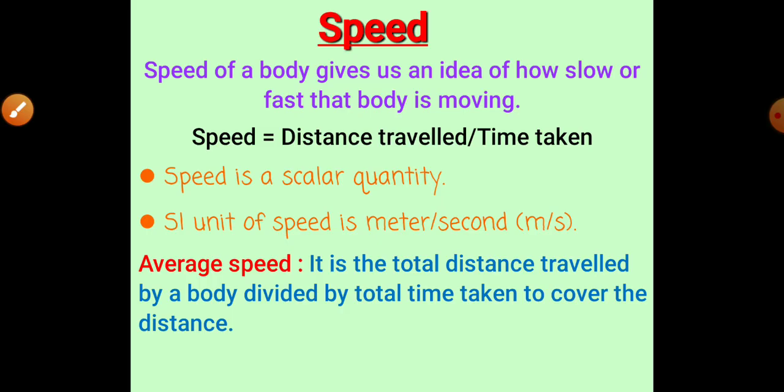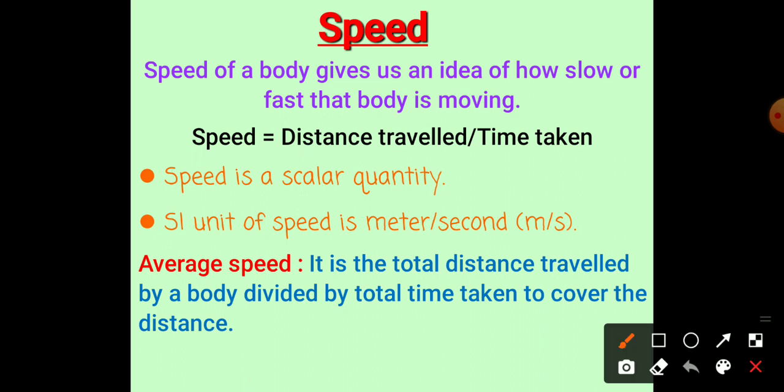Now next, speed. What is speed? The definition of speed is the distance traveled per time taken. In how much time, how much distance is traveled by a body, that is called speed, and it gives us an idea how slow or fast that body is moving.